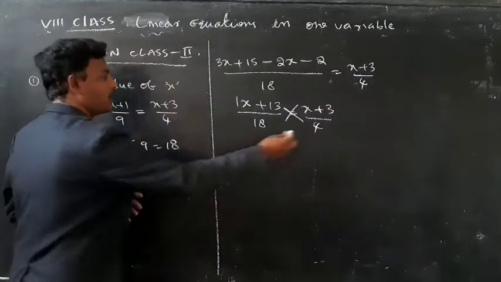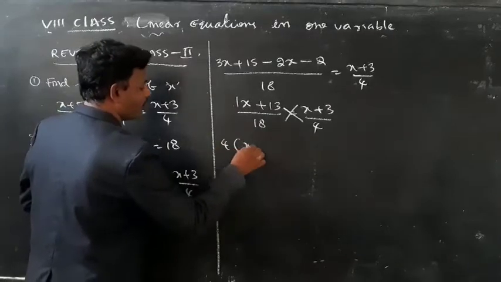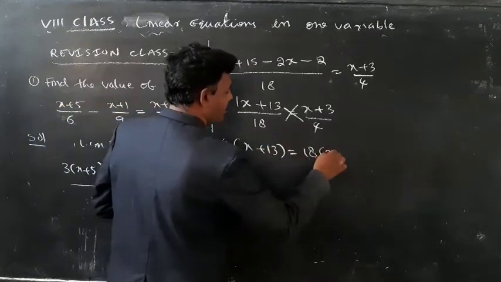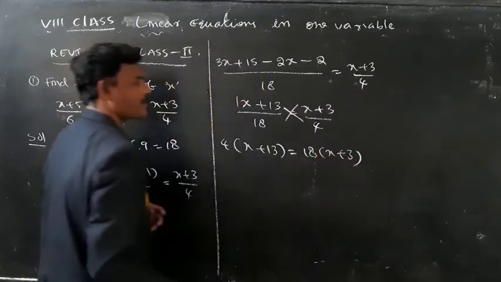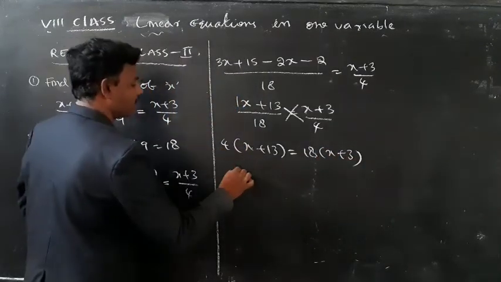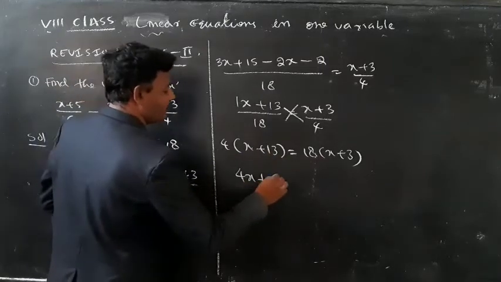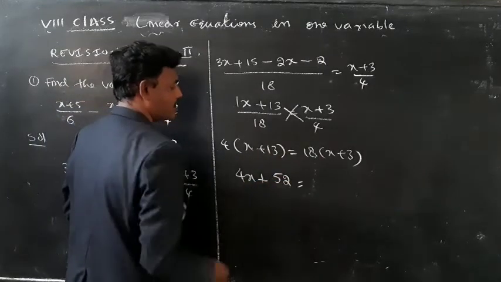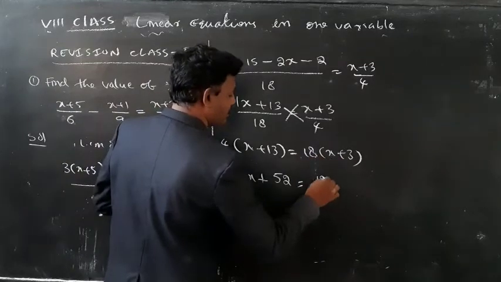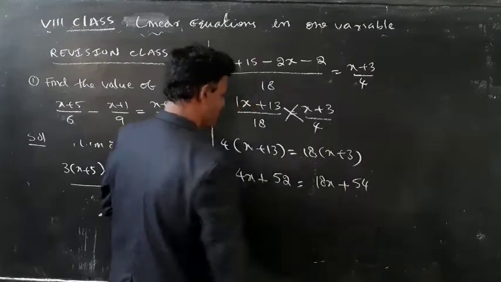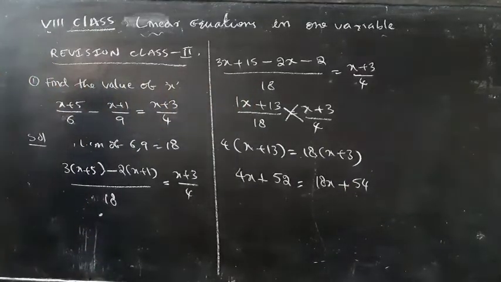So by the cross multiplication, 4 into (x plus 13) is equal to 18 into (x plus 3). 4 into x, 4x, 13 4s are 52 is equal to 18 into x, 18x, plus 18 3s are 54.